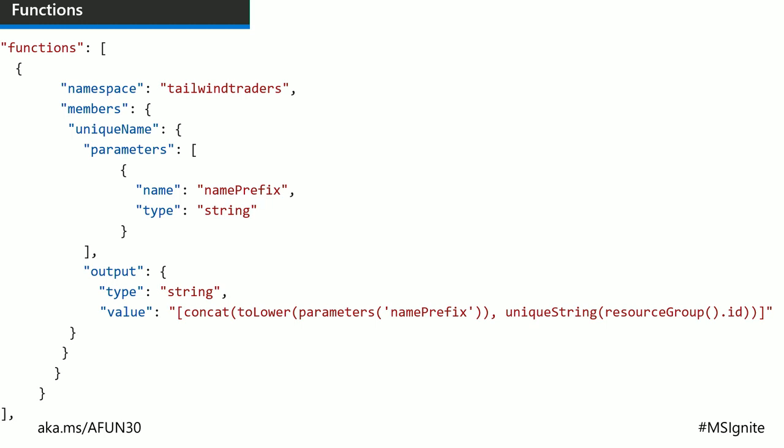So you may have a site that's called Tailwind Traders, and every time someone deploys it, you want to put some unique characters on the end so there's not a collision with other people deploying the same site. But then you want that prefix to be consistent throughout all of your assets. You can do that with a custom function, define that in a variable, and then reference that variable.